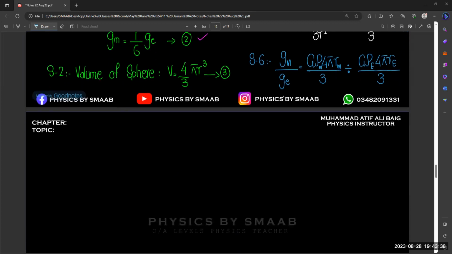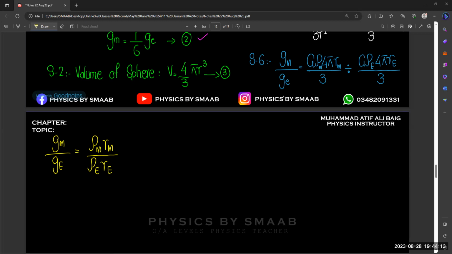So finally we will get an equation like this: gravitation on moon over gravitation on earth will be equals to density of moon multiplied by radius of the moon divided by density of the earth into radius of the earth, right?